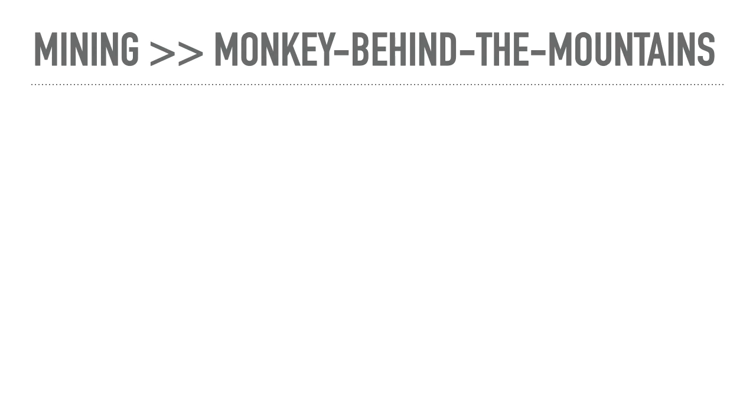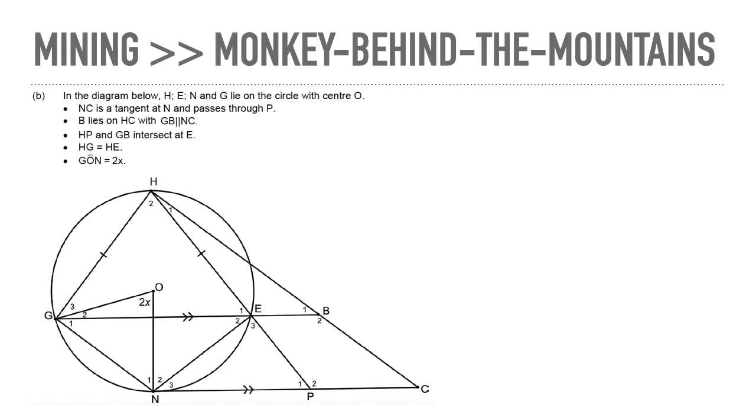So let's start by mining into this question. In the diagram below, H, E, N, and G lie on a circle with center O. Ooh, that's important because there'll be radii, and where there are radii, there's usually an isosceles triangle. So G1 and 2 is equal to N1.